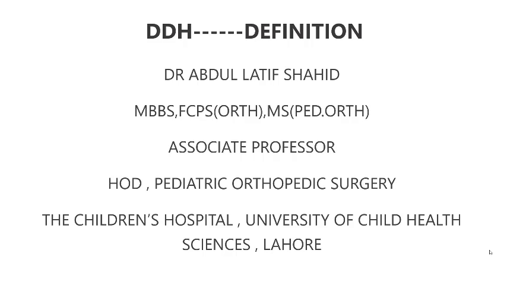Today, I'm going to discuss the basic concepts of DDH, what DDH is, why this term is used, and which terms were used in the past. Before going into the detail of this disease, two things are very important.